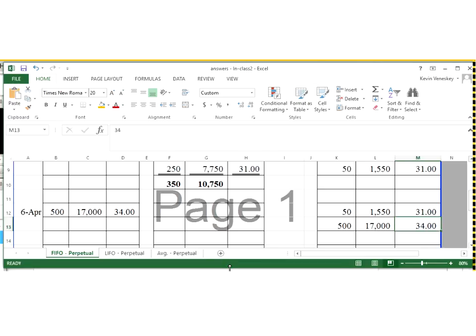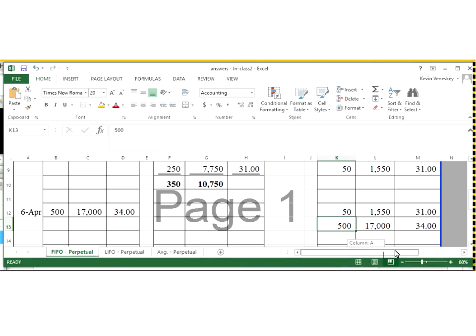And now I'm ready for my final sale. I make a sale, and I'm selling 525 items, is what it tells me in the problem. If I'm selling 525, that means I'm selling all of these, and then almost all of these as well.